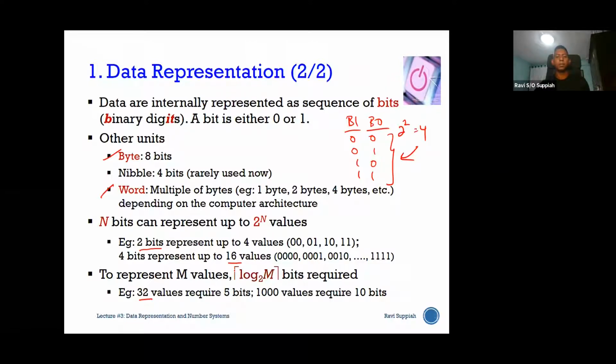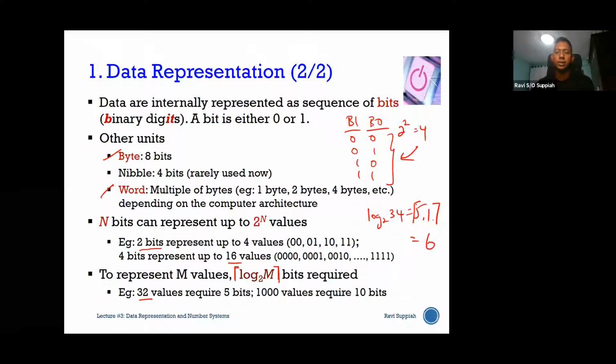For example, if I have 34 values, log to the base 2 of 34 won't give a whole number on your calculator. I get 5.1 something. If I take the ceiling of it, the answer is 6.